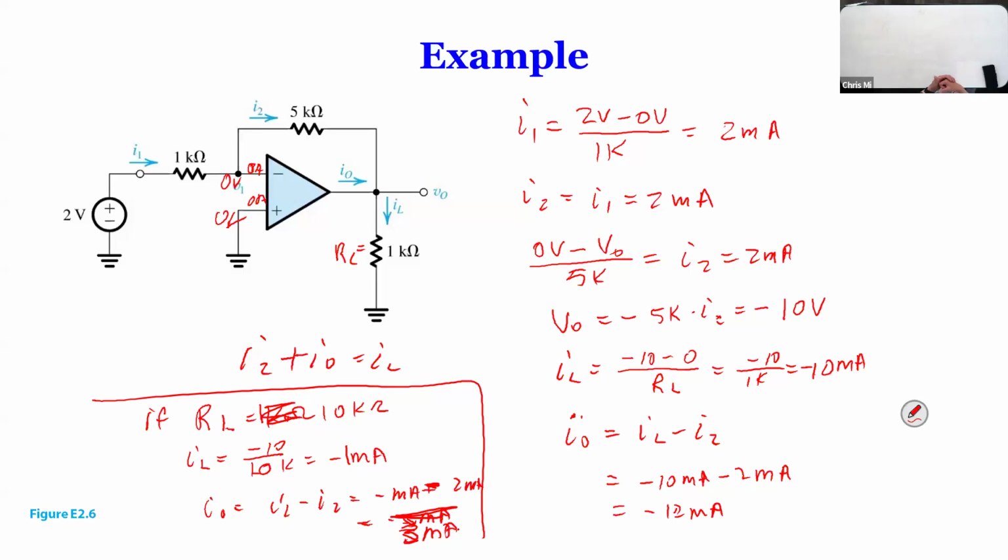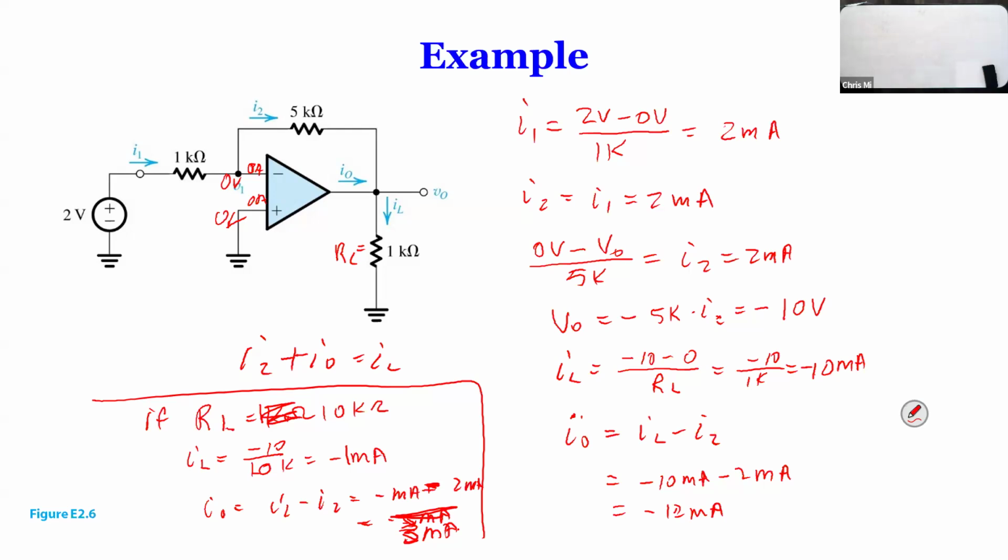Go ahead. You already mentioned the op amp itself. We just put in another inverting amplifier. Yeah, you can do that. Yeah, inverting, you're very smart.